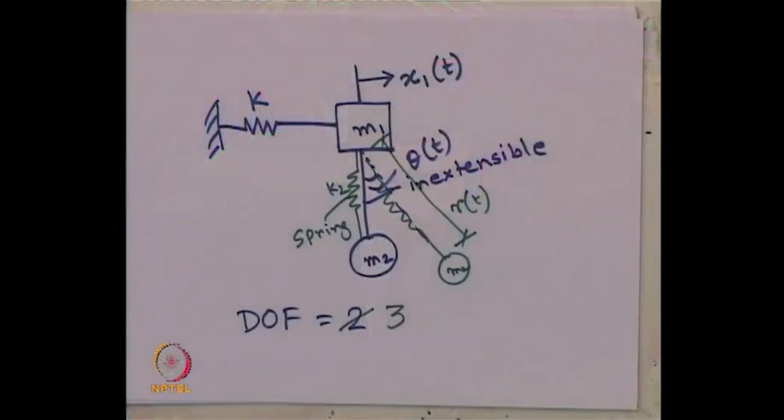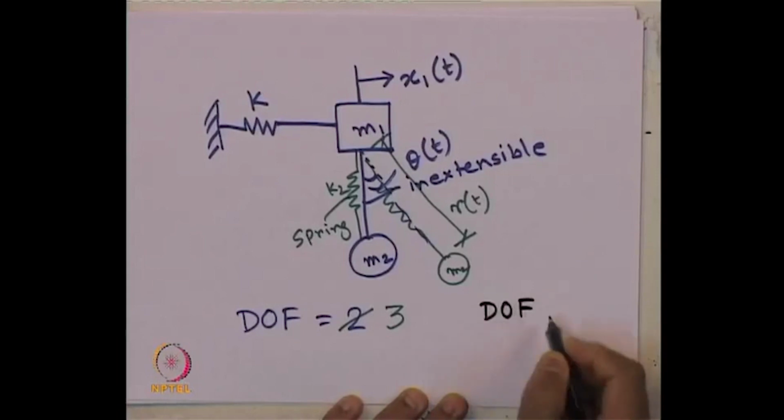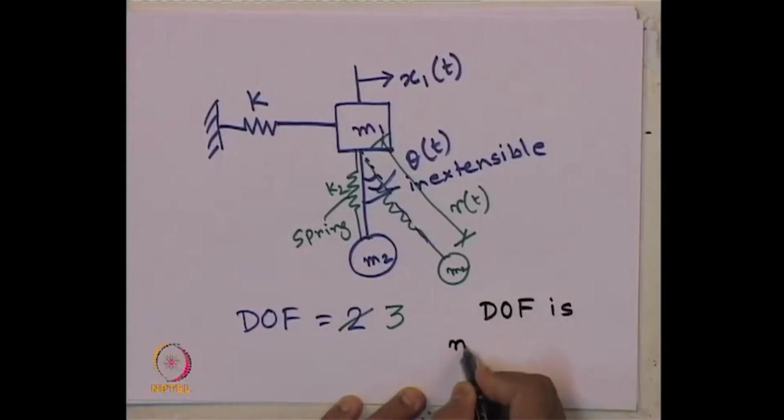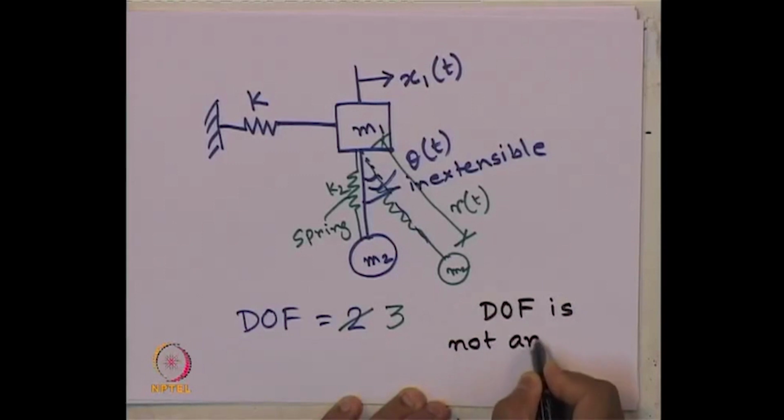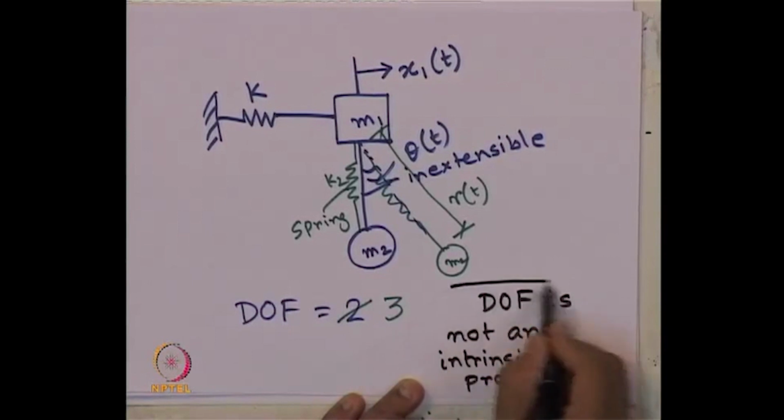But from all these examples, what we can mention, let me write it down: DOF, degrees of freedom, is not an intrinsic property of the system. Why?